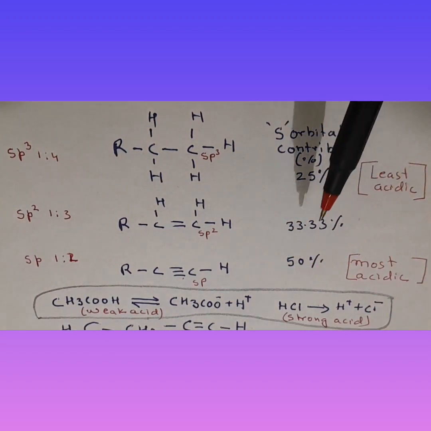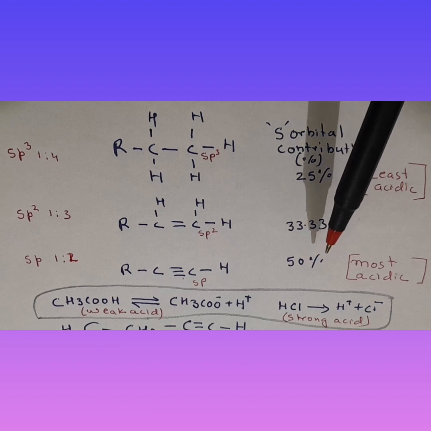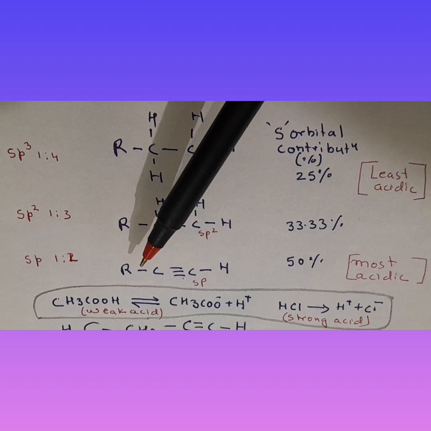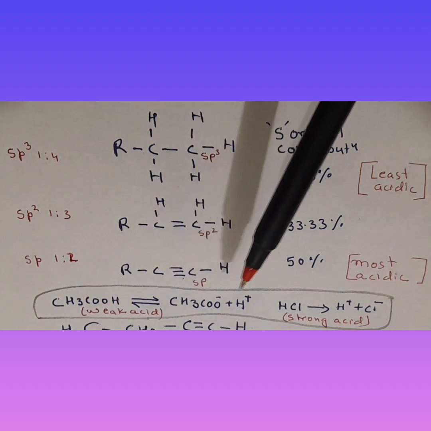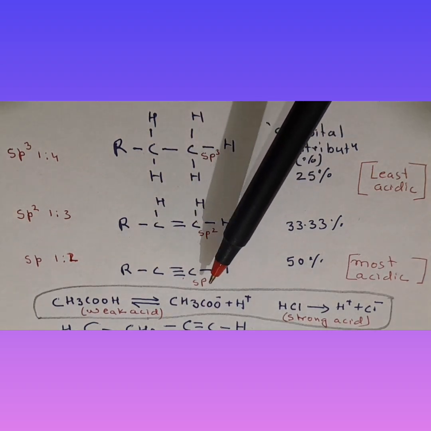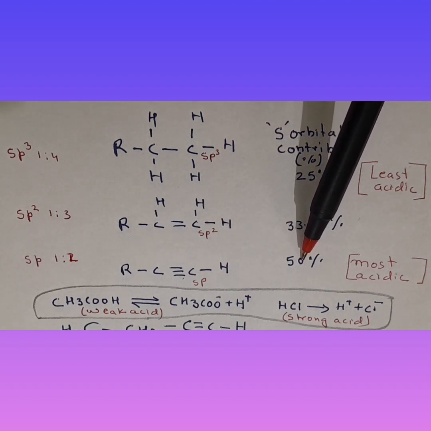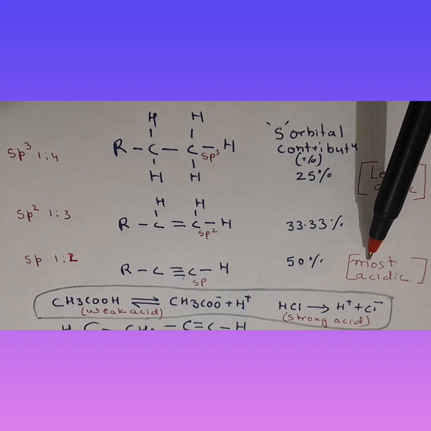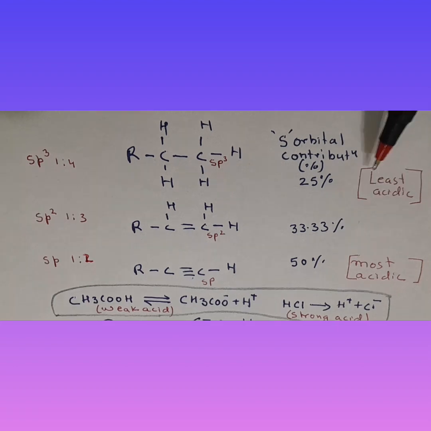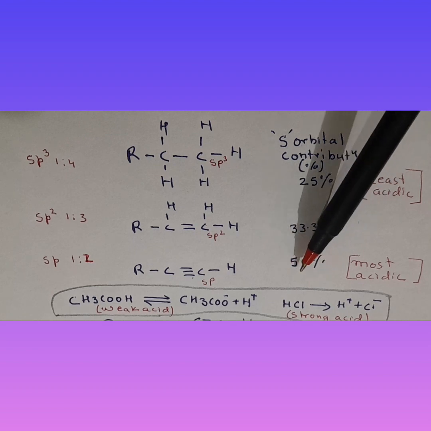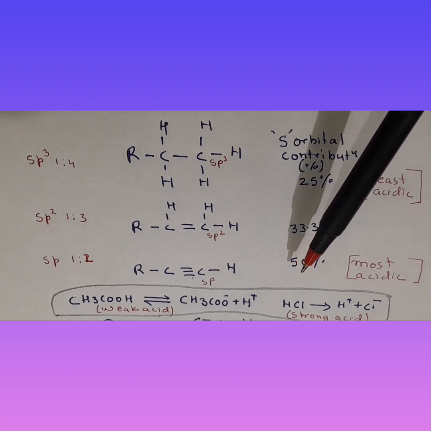These are all percentages of S contribution in total. What we observe is that whenever it is sp hybridization, the contribution of S is the most and it is most acidic. Least acidic is with 25% S contribution and most acidic is with 50% S contribution.